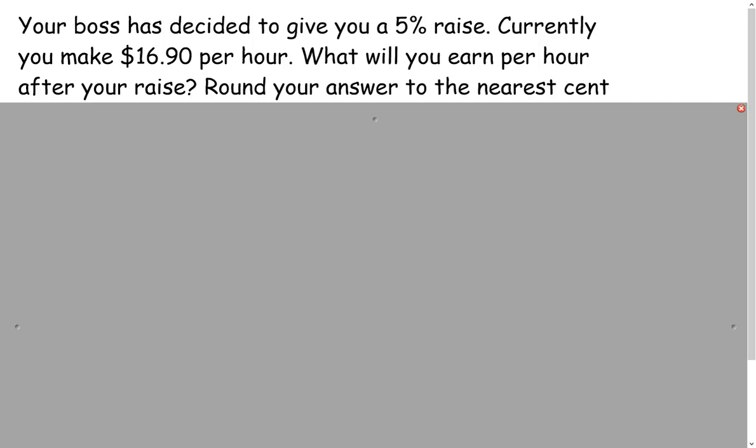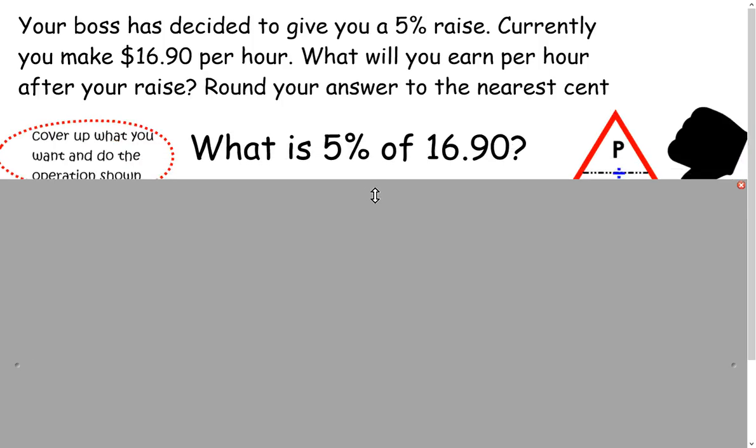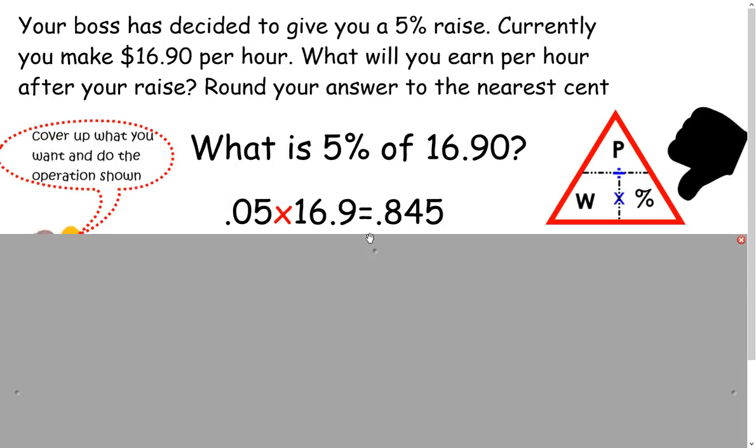Okay, we've got another example. Your boss has decided to give you a 5% raise, and currently you make $16.90 an hour. What will you earn per hour after your raise, rounded to the nearest cent? Okay, so what is 5% of $16.90? That's a pretty straightforward translation. 5% of $16.90 is 0.845, but we can cover it up.